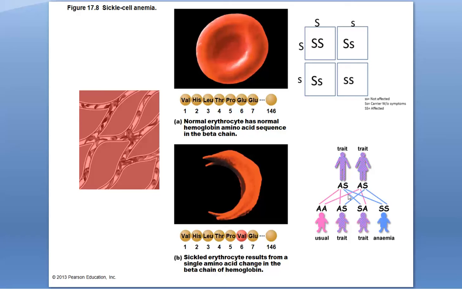So if we look here, where A is normal and S results in sickle cell anemia, for two people who are heterozygous, meaning they carry one normal and one abnormal gene, each time they have a child, they have a 25% chance of having a child who's fully normal, a 50% chance of having a child who carries the trait, and 25% chance of having a child who exhibits sickle cell anemia, which will cause sickling of the blood cells, occlusion of the blood vessels, and generally pain in the limbs.